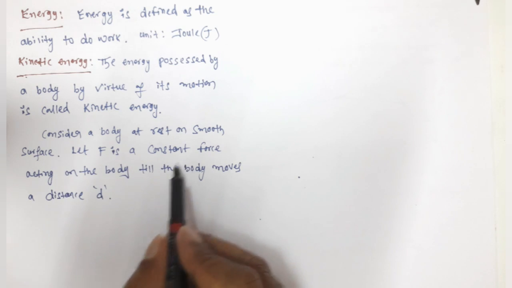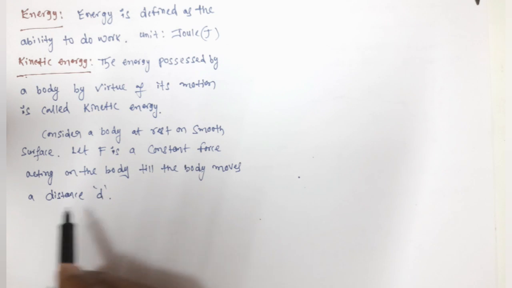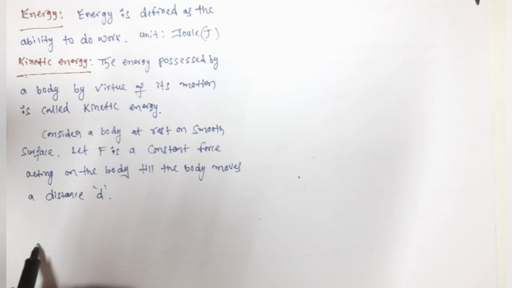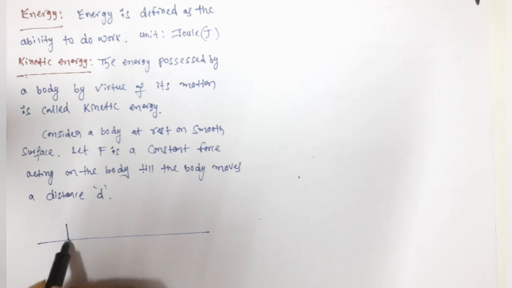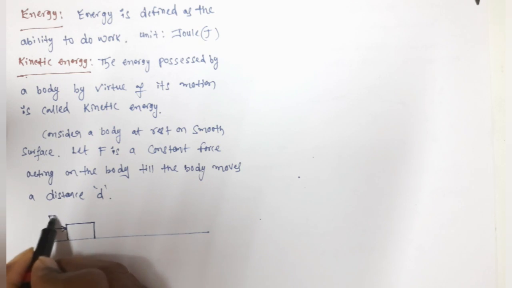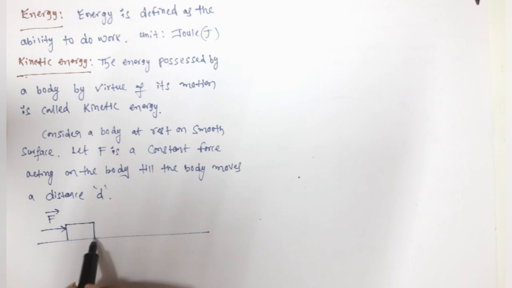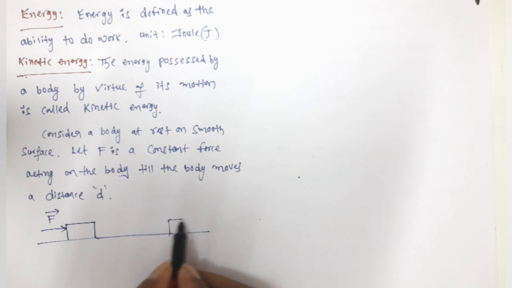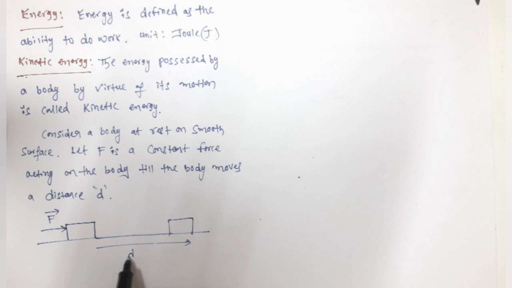Let F be a constant force acting on the body till the body moves a distance d. Here it's a smooth surface. Now consider a body, and let F be the constant force, and the body is moving from here to here, and this displacement we are calling d.